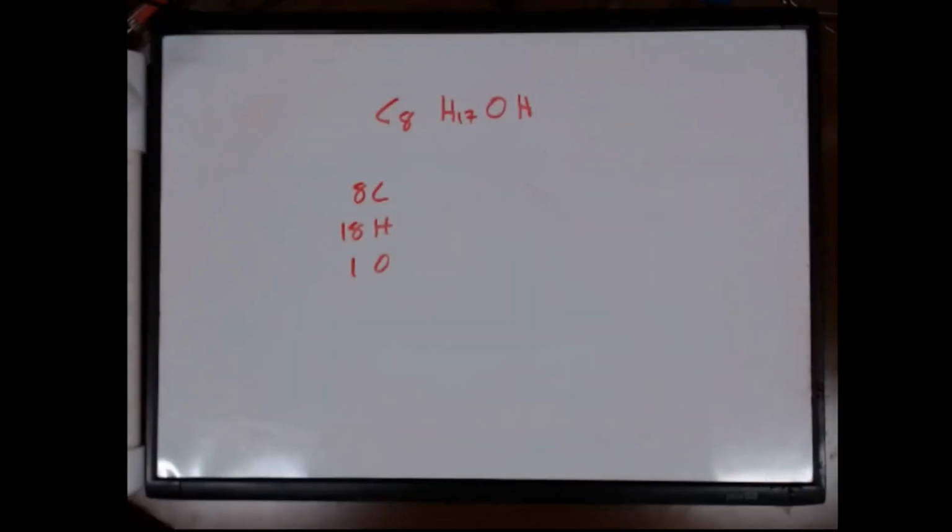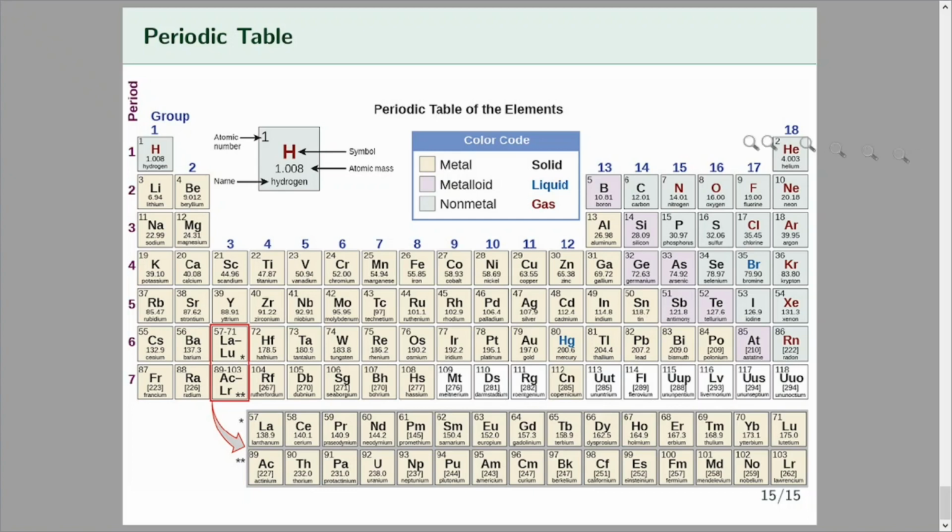And so if you go to your periodic table and you look at carbon's atomic mass in atomic mass units, carbon is 12.01. Let me just switch back here for a second. Right, carbon is right here, it's 12.01. And so this is 8 times 12.01 plus 18 times 1.008 plus 1 times 16.